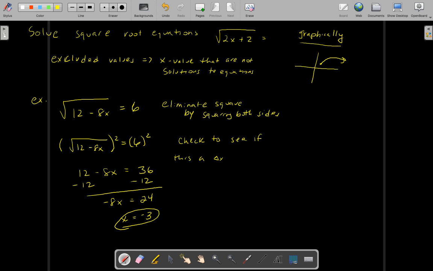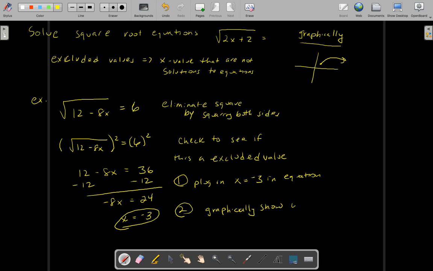So what we have to check is to see if this is an excluded value. Okay, a couple ways you can do that. Number one is you can plug x equals negative 3 into the equation, or graphically show where the lines cross.